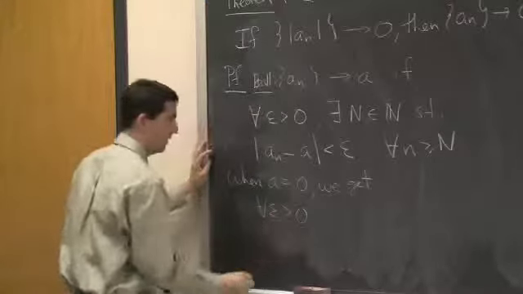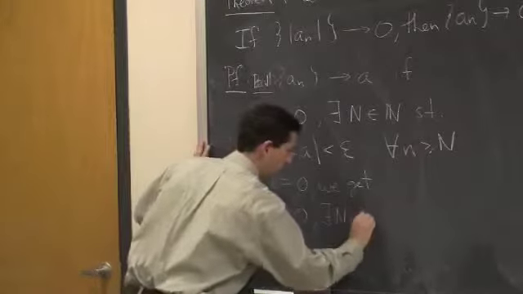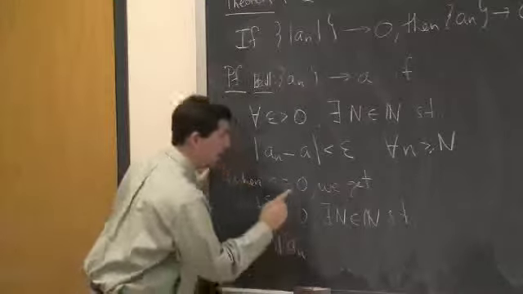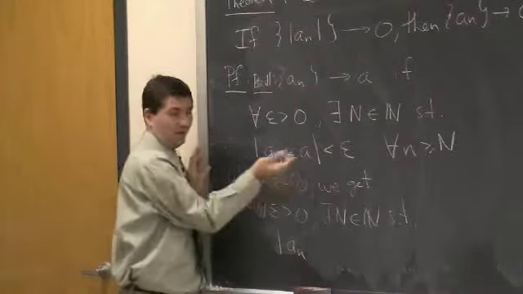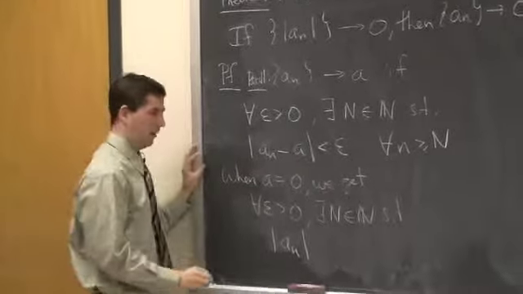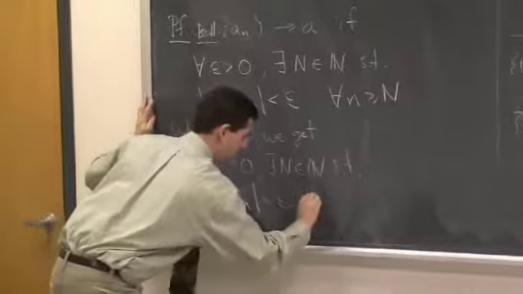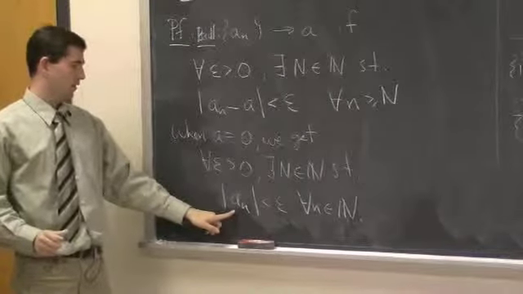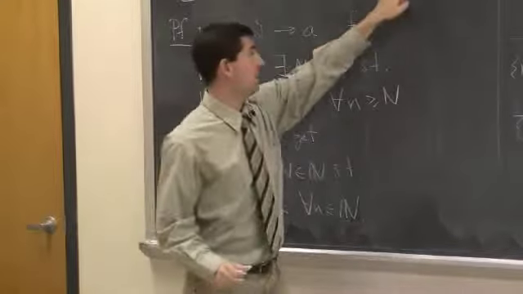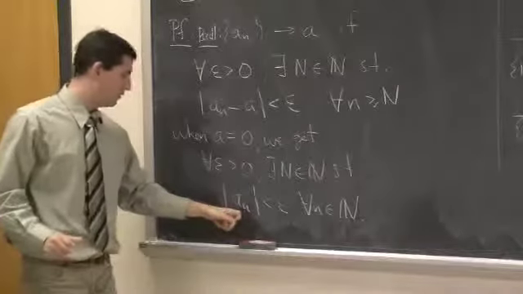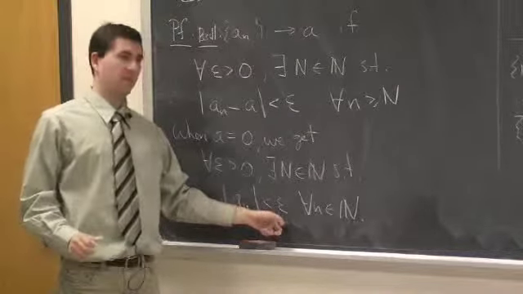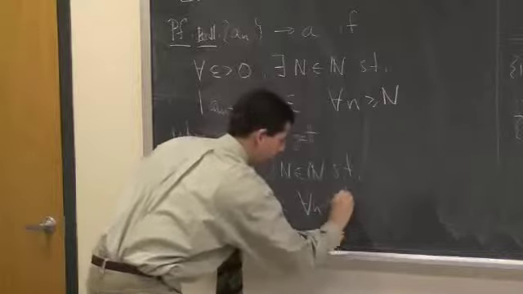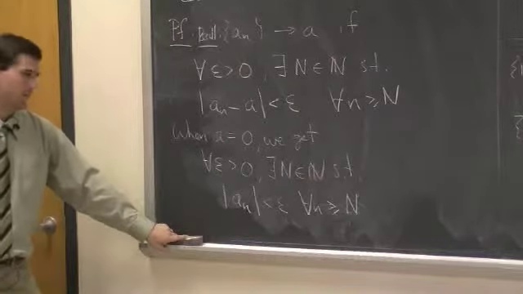For all epsilon greater than 0, there exists a natural number N such that the absolute value of a_n minus 0, so I don't have to write anything, I can just close it off, the absolute value of a_n is less than epsilon for all n greater than or equal to N. So if I wanted to prove this last condition, that a_n went to 0, I just need to show that the absolute value of a_n becomes less than epsilon for all n greater than or equal to N.